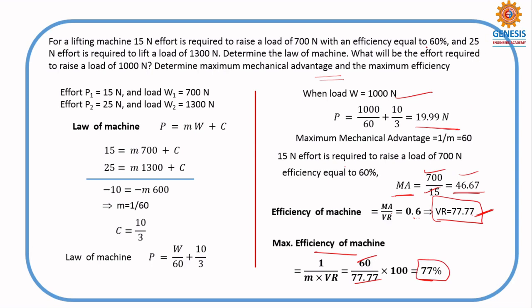So initially it is 60 and the maximum is 77. Even if it is 60, it means it is a reversible machine, not an irreversible machine.